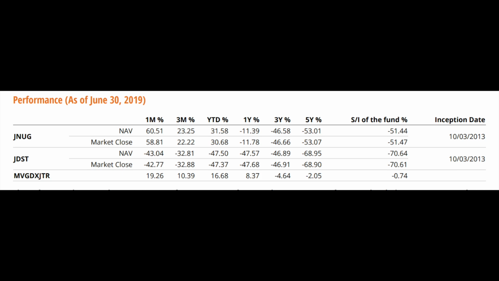And basically what this is just telling you guys is that JNUG and JDST, from their inception date of October 3rd, 2013, have gone down a dramatic amount from when they first started, just because that slow amount of money being taken out adds up. And that's why you see JNUG and JDST's prices might rise a dramatic amount.